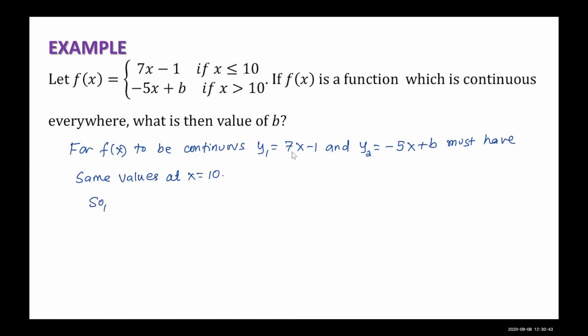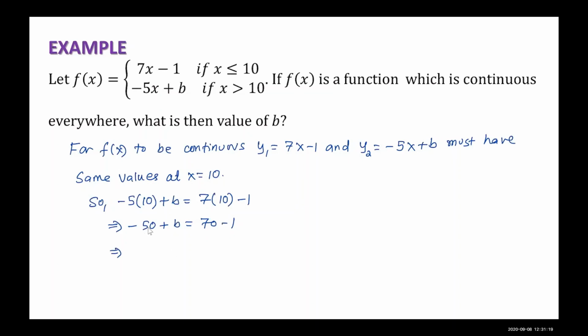So if you plug in 10 here, it will be negative 5 times 10 plus b, which is equal to, if you plug in 10 there, 7 times 10 minus 1. We are asked to find the value of b. We have an equation. Now we can easily find this. So this implies negative 50, because negative 5 times 10 is negative 50, plus b is equal to 7 times 10, that is 70, minus 1.